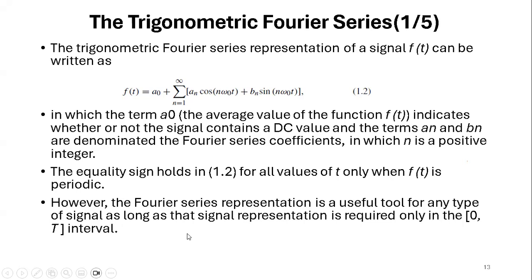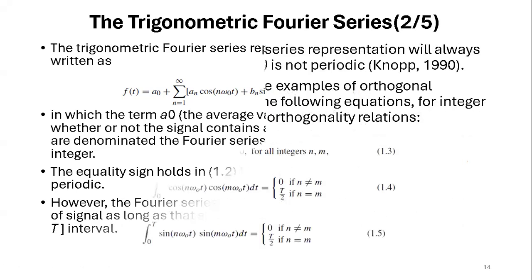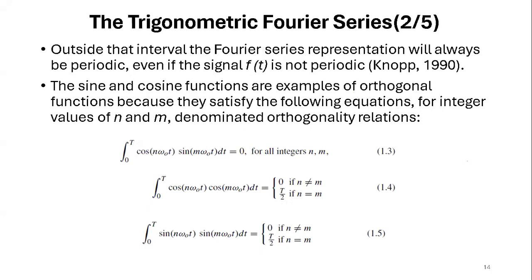Let's talk about the sum of sinusoidal waves. Now, for all such intervals, the Fourier series representation will always be periodic. With an aperiodic signal, the Fourier series is not justified. Researchers and scientists discovered this research work long ago.